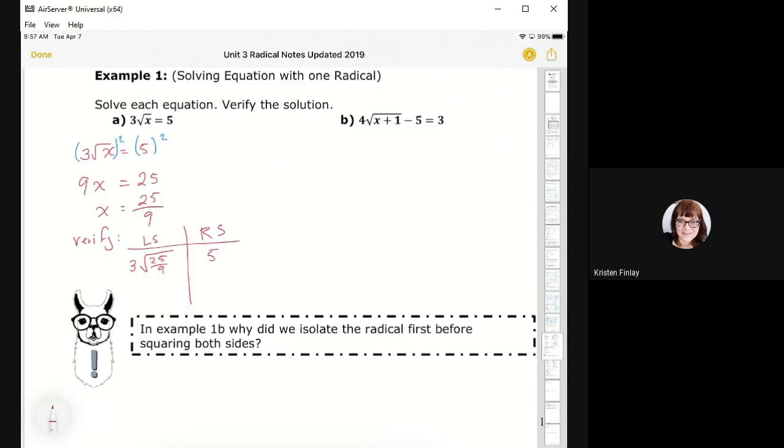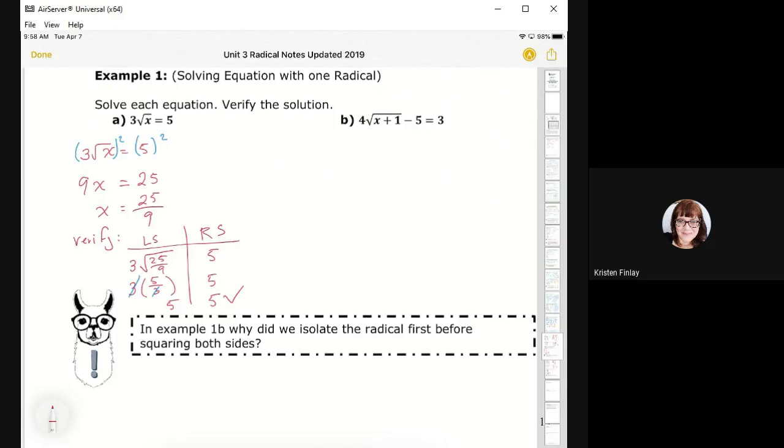If I take the square root of 25 over 9, they're both perfect squares, so this would be 3 times 5 over 3 equals 5. Now 3 and 3 divide out, so I'm left with 5 is equal to 5. So this works.